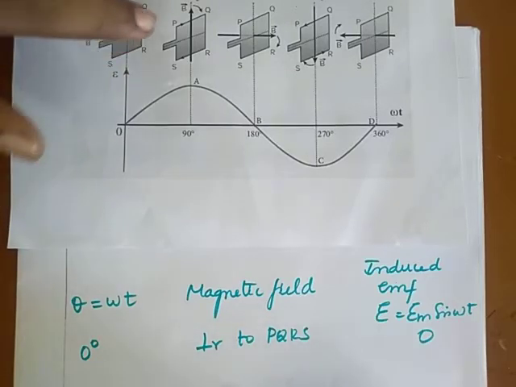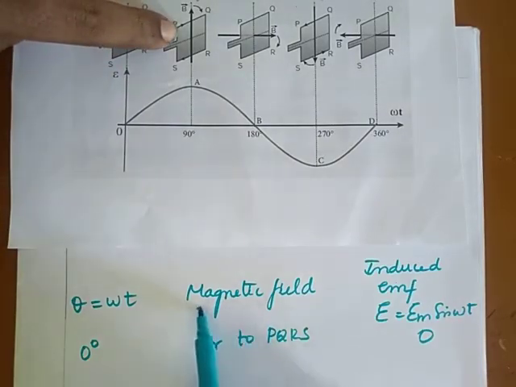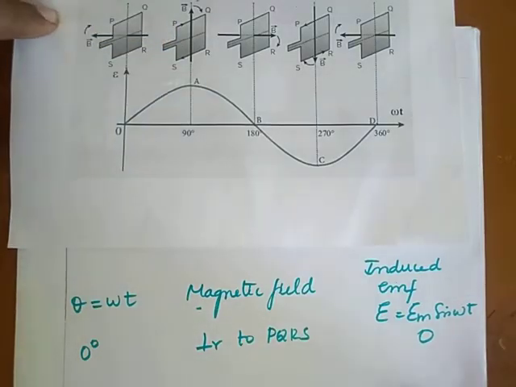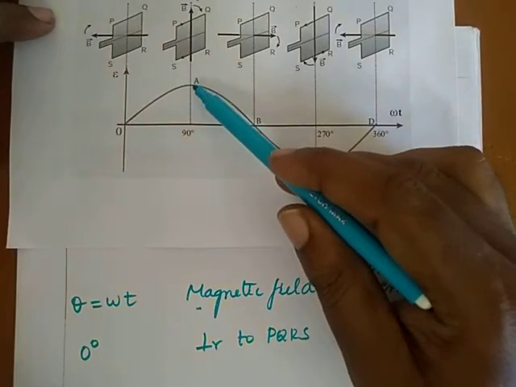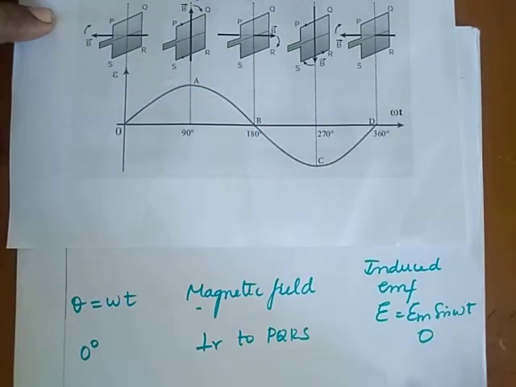For that case the magnetic field is parallel to the plane PQRS. In that case the EMF will be maximum, psi m. Because putting 90 degrees, sin 90 becomes 1, so the instantaneous EMF is equal to the maximum EMF.